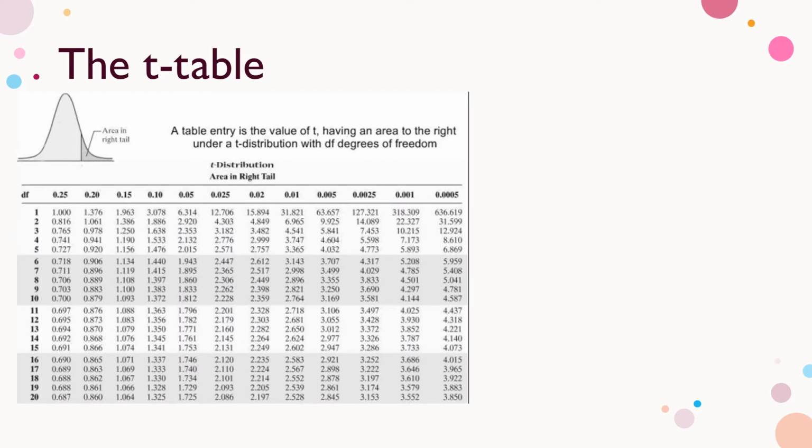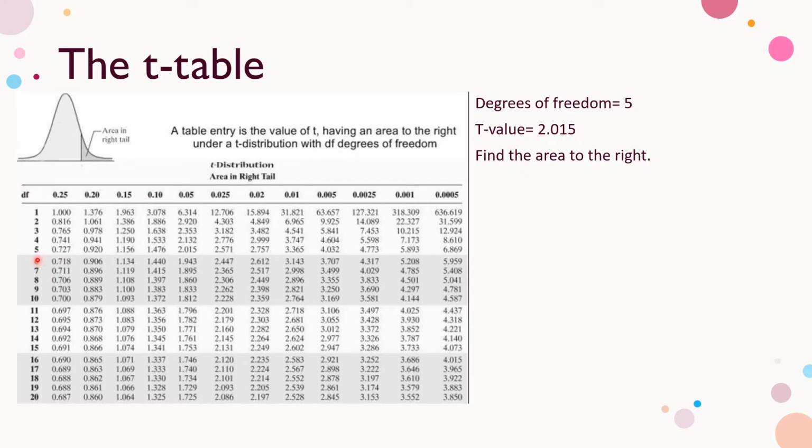To further understand this t-table, let us have an example. We have here the degrees of freedom, which is equal to 5, and then the t-value is equal to 2.015. We are now tasked to find the area to the right. So we need to locate the 5 degrees of freedom in our t-table, which is this column. And we need to find the t-value, which is equal to 2.015.